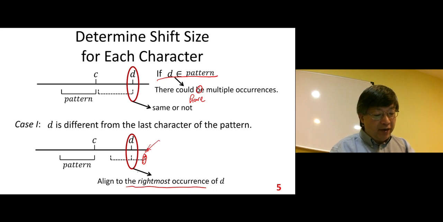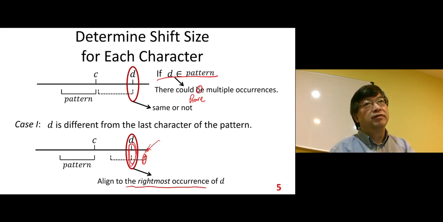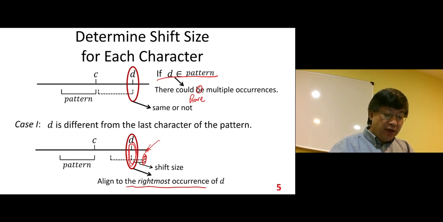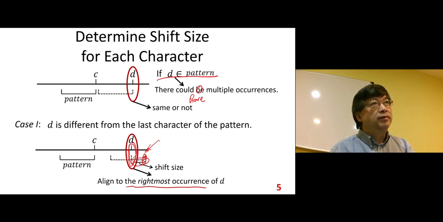Then we align these two characters and do the comparison. So that's the basic idea for case one. In this way, you can see the shift size can be determined as this number.